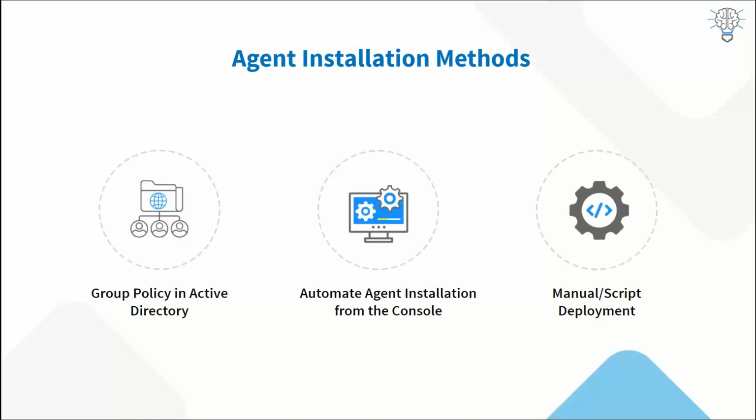We do have automatic agent installation directly from the web console. You can add multiple domains, choose the machines from those domains, and push out the agent to them. We also have scripts that you can use to install the agent. Alternatively, you can download the agent manually and execute the setup directly on the machine, and it should then automatically report back to the server.